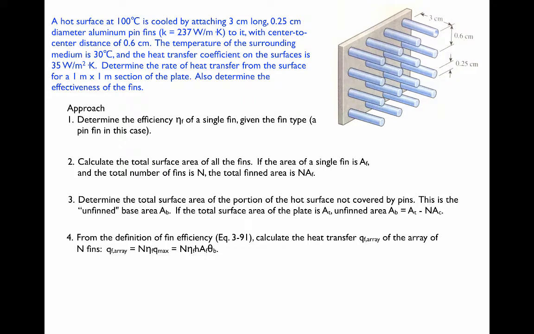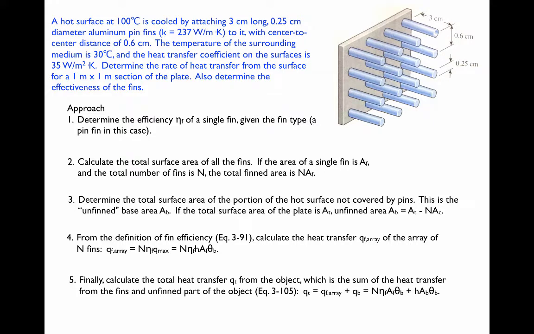And then number 4, from the definition of fin efficiency, calculate the heat transfer of the array of fins. This is our heat transfer from just the fins. It does not include the flat part of the surface. That is given by the efficiency of the fin times the number of fins and the maximum possible heat transfer that would occur if the temperature were the base temperature across the length of the fin.